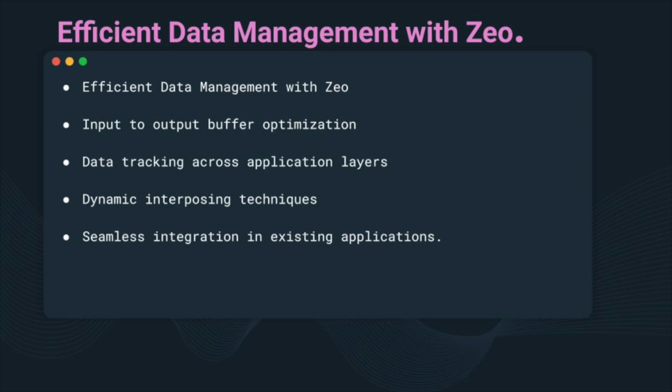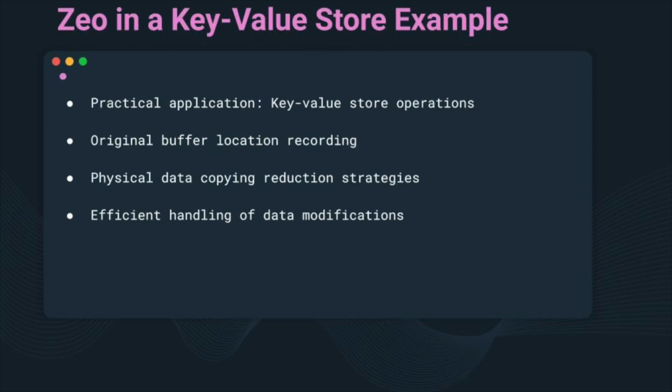Now, here's an example of its operation in a key value store. So with data flow, we'll consider a key value store where data is read from a network and stored on a disk. As data is read, ZIO records the original buffer location.